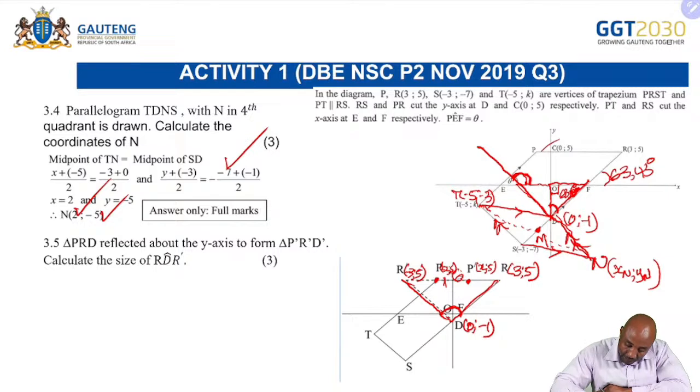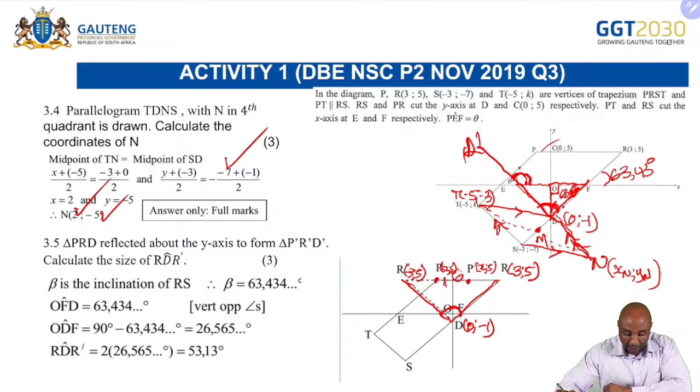And once I get this smaller angle here, it will be the same angle as that one because these two triangles are congruent. So if I add these two, I will get the size of angle RD and my R reflected that side. So let me give you the solution that I thought was easier to follow.